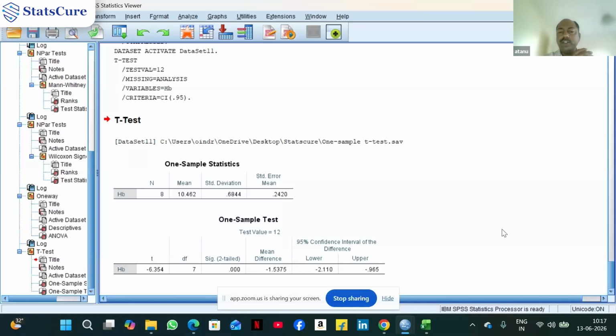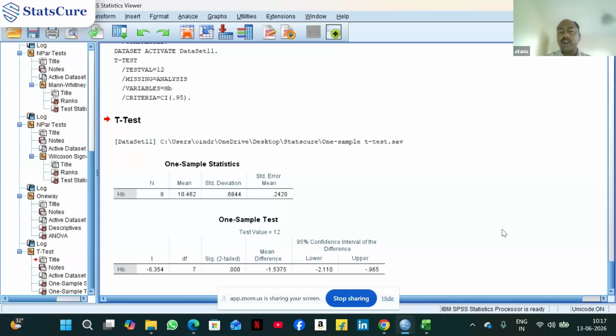The test value is going to be considered as 12. Basically, test value means we are assuming some hypothetical value or population value of around 12. We are going to test whether the distribution around that hypothetical hemoglobin value of 12 is similar to the 10.46 that we got from 8 patients.